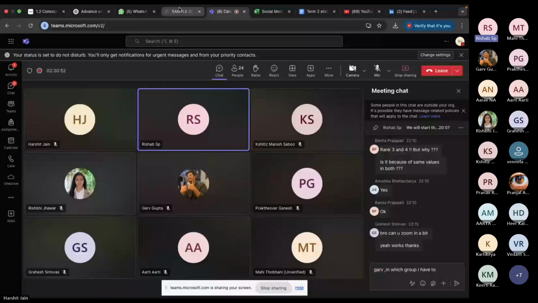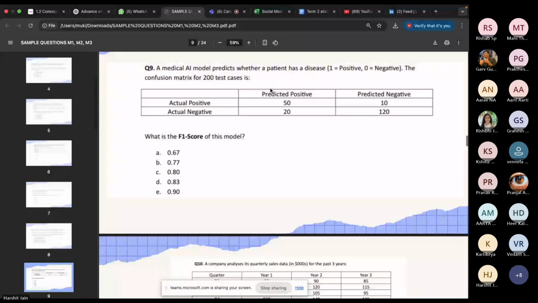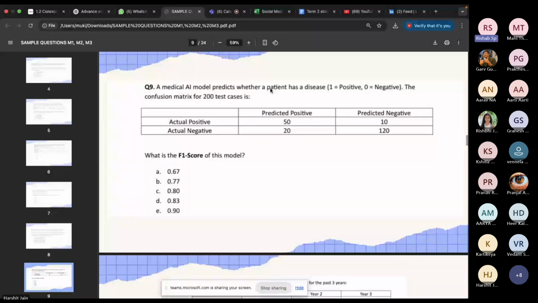Yeah, you can show the next question, Harsh. This is also something which we need to recheck. This is simple. We have discussed today what the F1 score is, right? In this question, they didn't give the TP, FN, FP and all. So the first box, the first 50, is TP. 10 is FN, 20 FP, 120 TN.